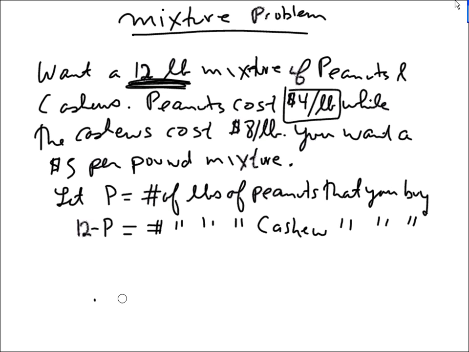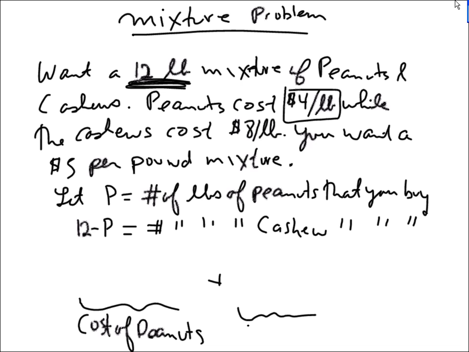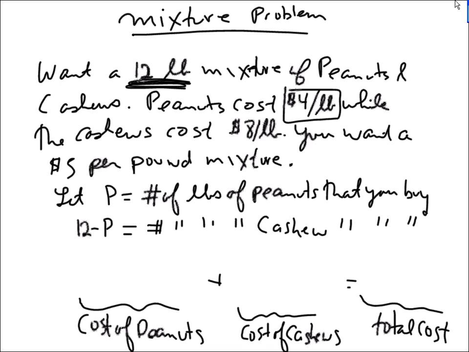Our cost is the result of adding two things: the cost of the peanuts plus the cost of the cashew nuts, and this is going to equal the total cost.